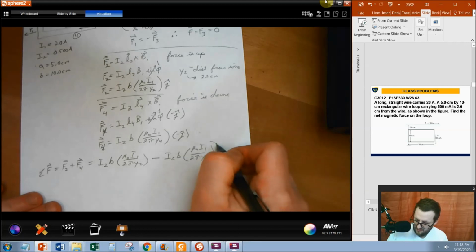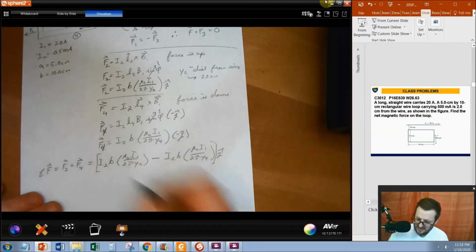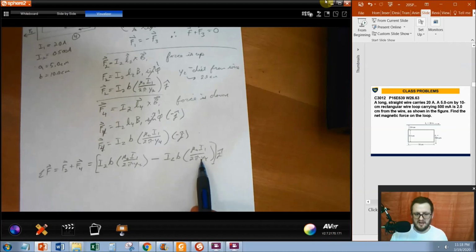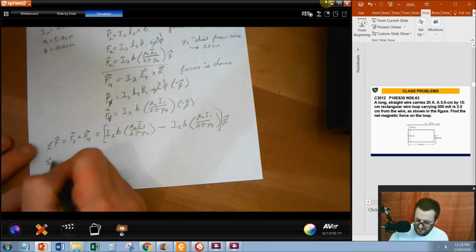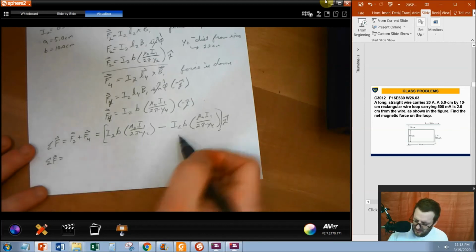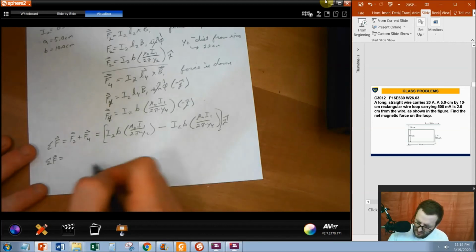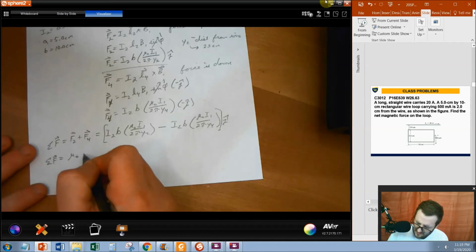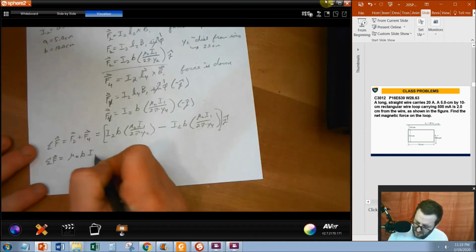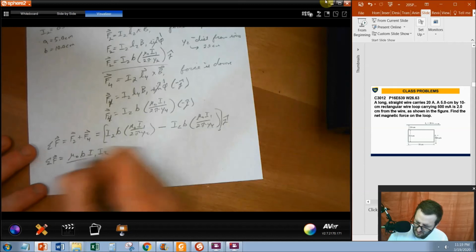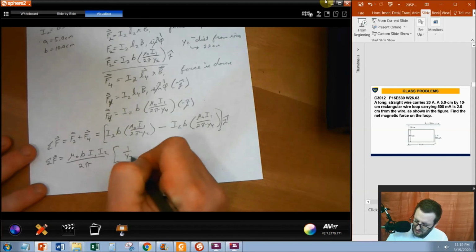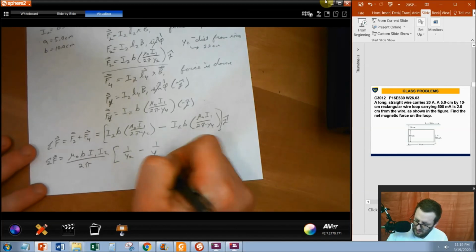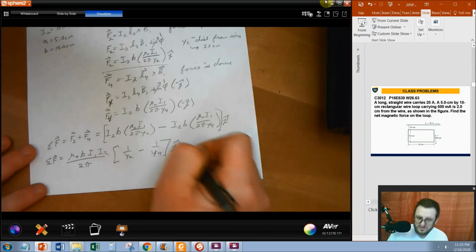And these are both in the j hat direction, positive j hat, negative j hat. So there are a lot of like terms here, which I can factor out. So mu naught b I1 I2 over 2 pi times 1 over y2 minus 1 over y4, j hat.